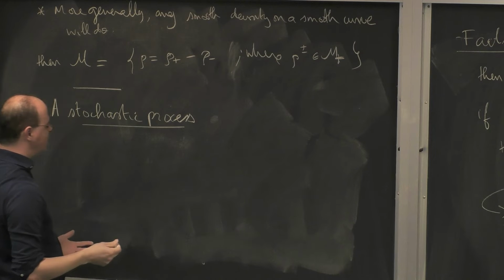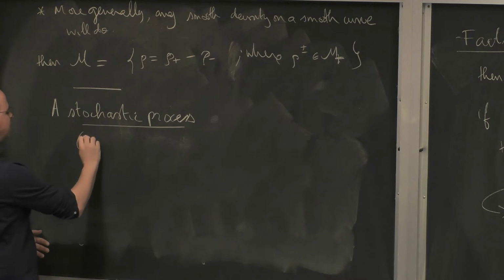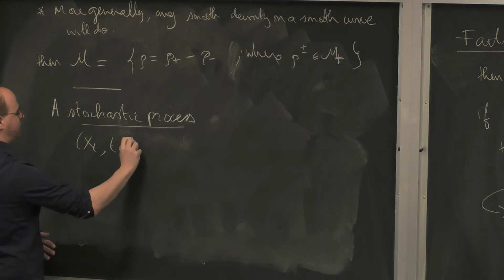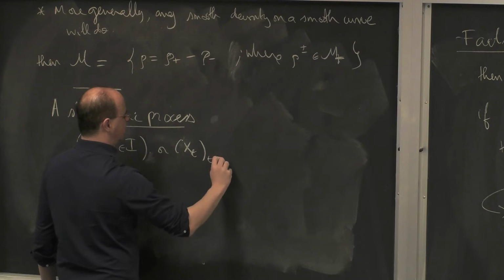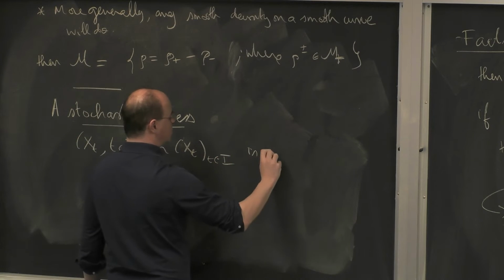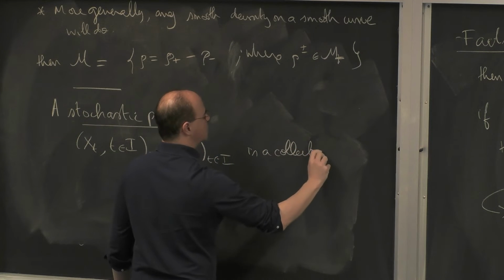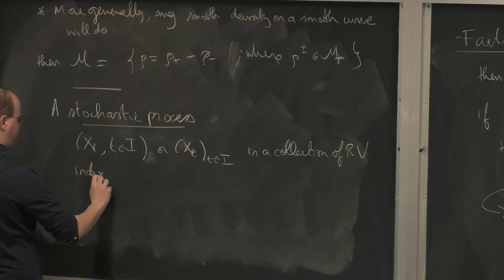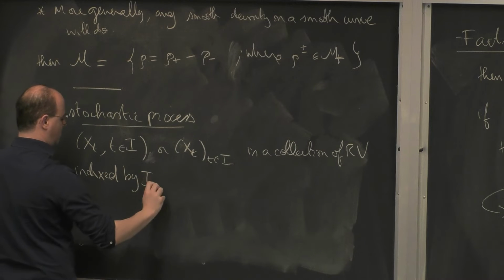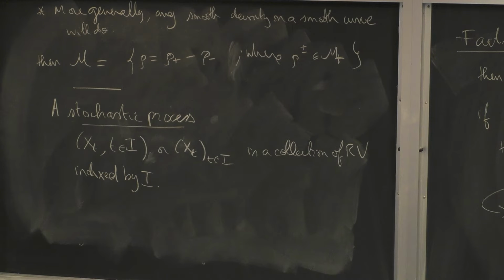We have to remind ourselves what a stochastic process is. A stochastic process, X_t, t indexed by I, is really just a collection of random variables indexed by I. If I want to construct a stochastic process, there is an old recipe going back to Kolmogorov.